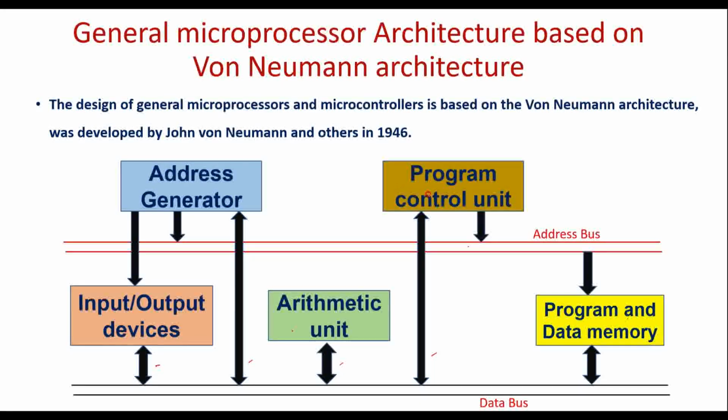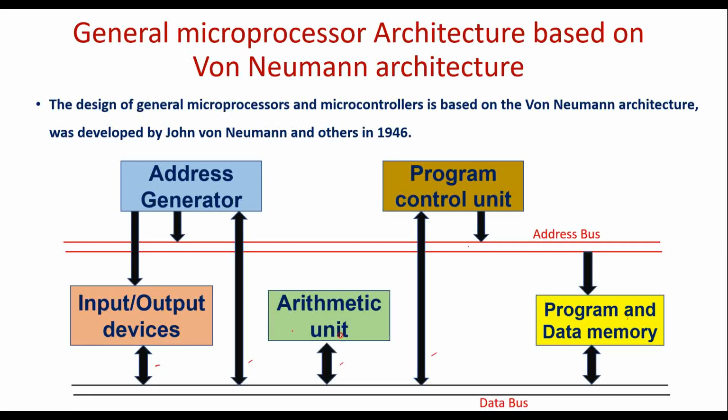After executing, the result will be sent back to memory, and in a particular location the result will be saved. So here we are using the data bus to retrieve the data from the memory, and again we are using the data bus to send the result into the memory. That's why we need a bidirectional data bus.